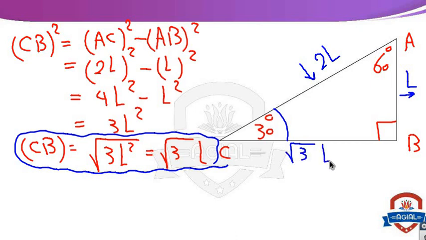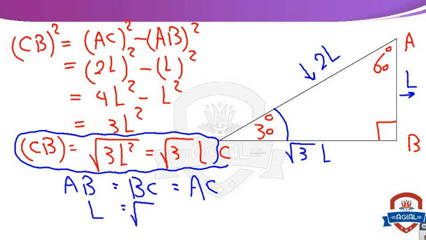Find the ratios between the three side lengths in this triangle. AB to BC to AC equals L to square root of 3 L to 2L.